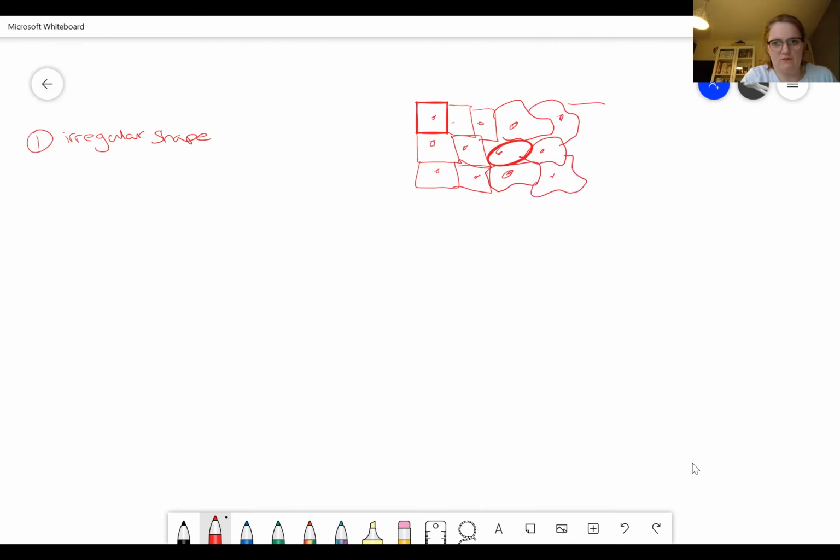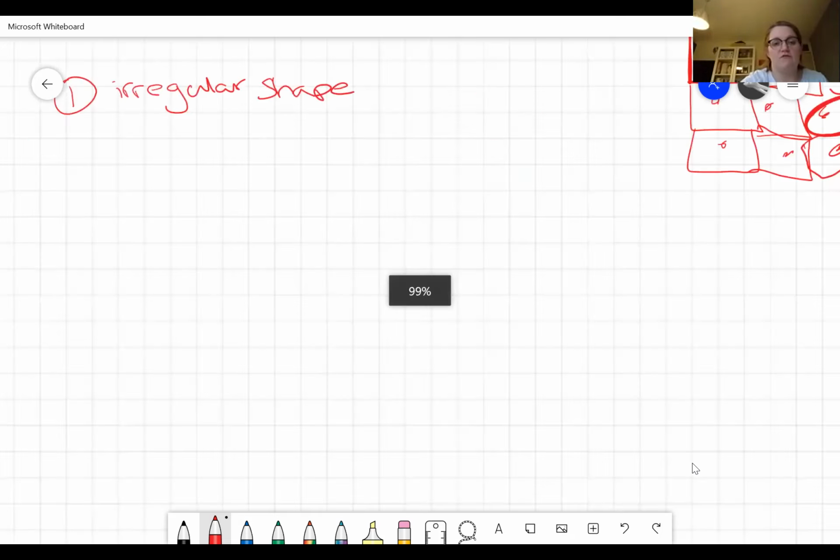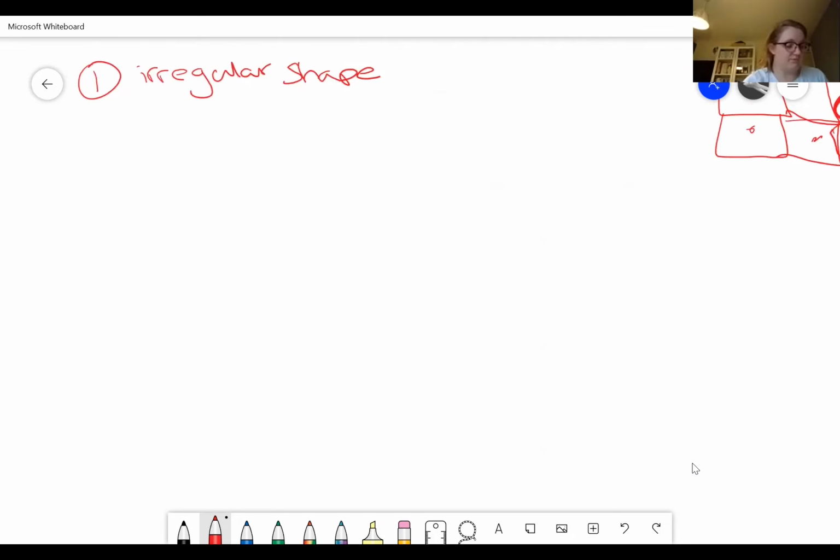I mean, you might get these square ones back over here, and some really strange square ones. So this part would be normal, this part would be normal, and this section would be a tumor. So irregular shape, straight away, that's one way of knowing that it's working differently. So yeah, irregular shape.